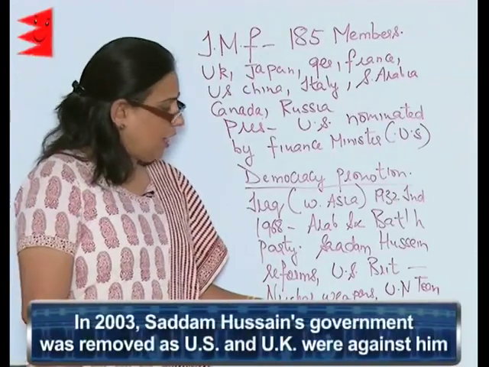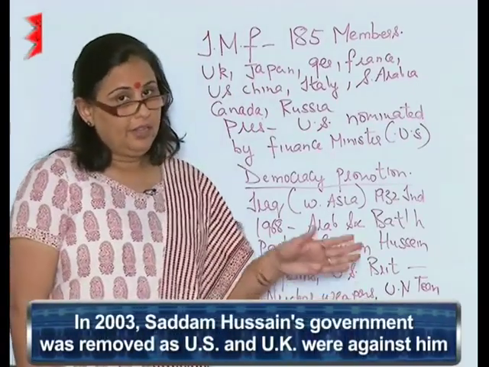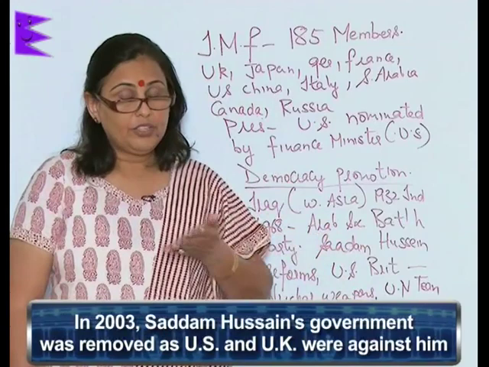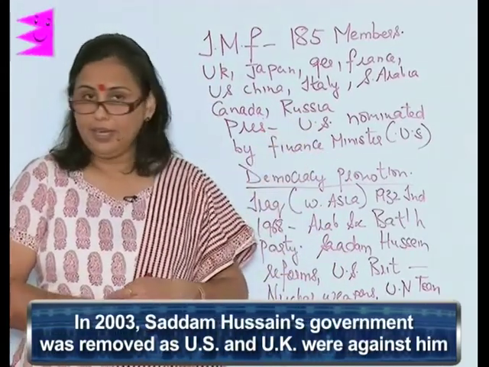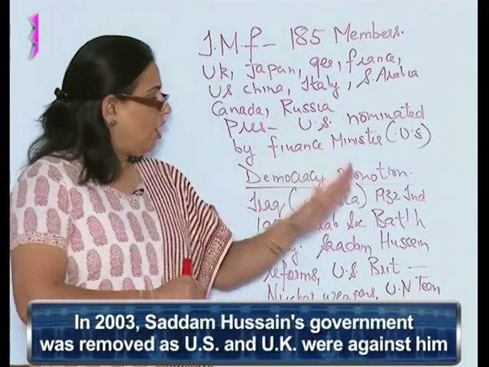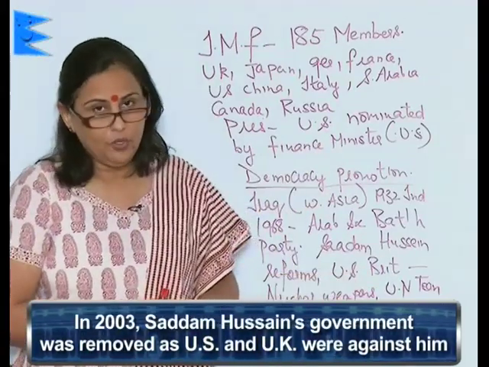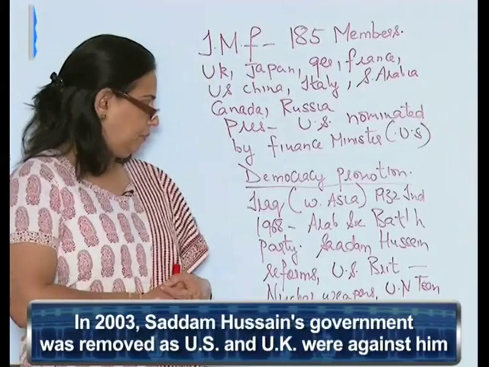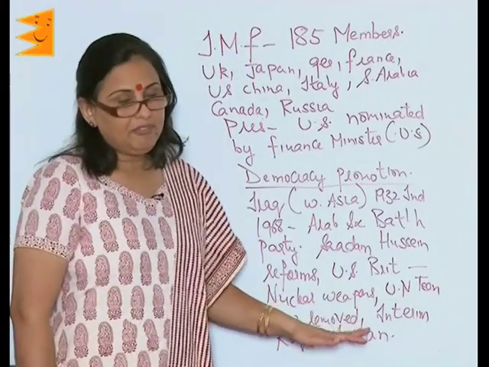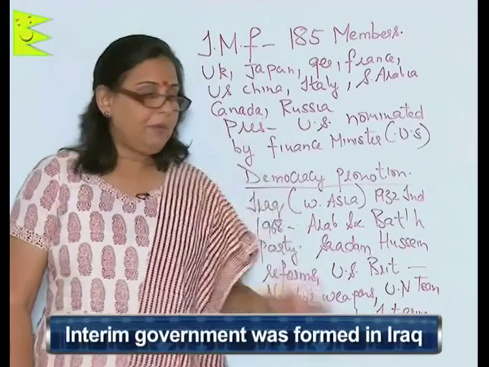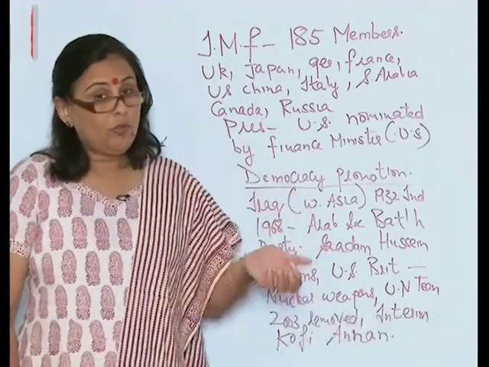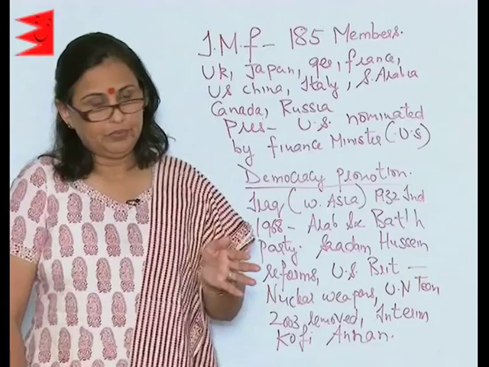But in 2003, this government was removed. That is, Saddam Hussein was totally out of the scene because the US and UK were against him. And immediately after his removal, an interim government was formed in Iraq, which was pro them.